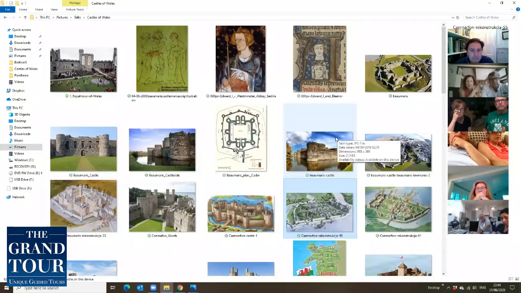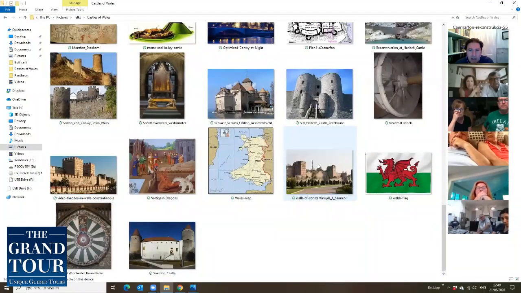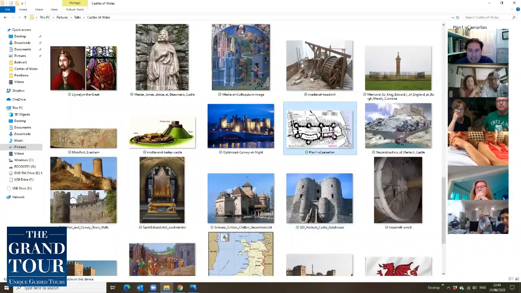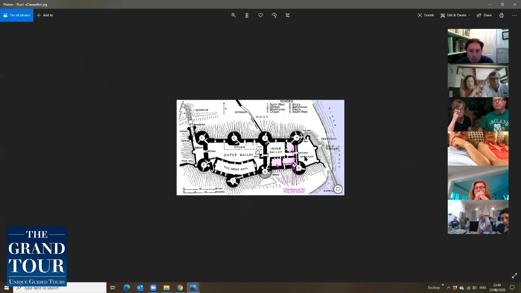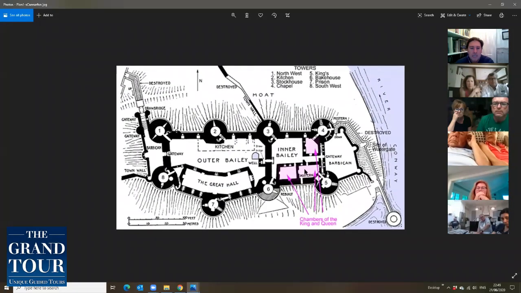Let me get the map or the plan of Caernarfon, because Caernarfon has large quarters for the king and the queen. Here there were two baileys, a big one with this banana-shaped great hall, because it followed the rock, so you had to fit in the wall.